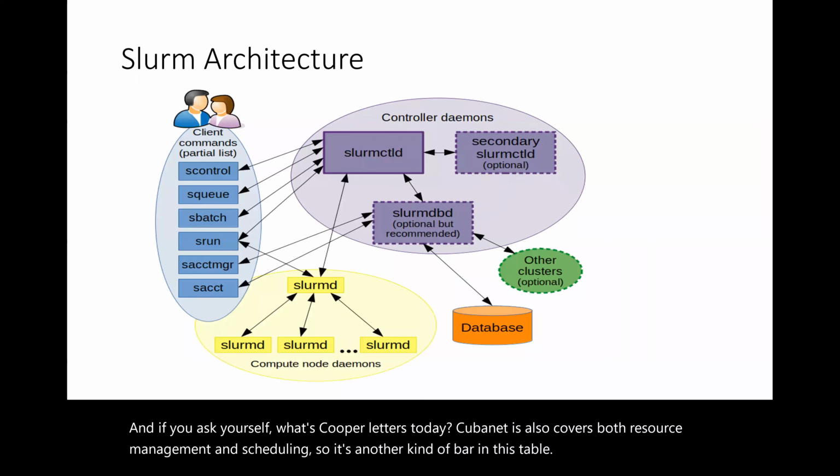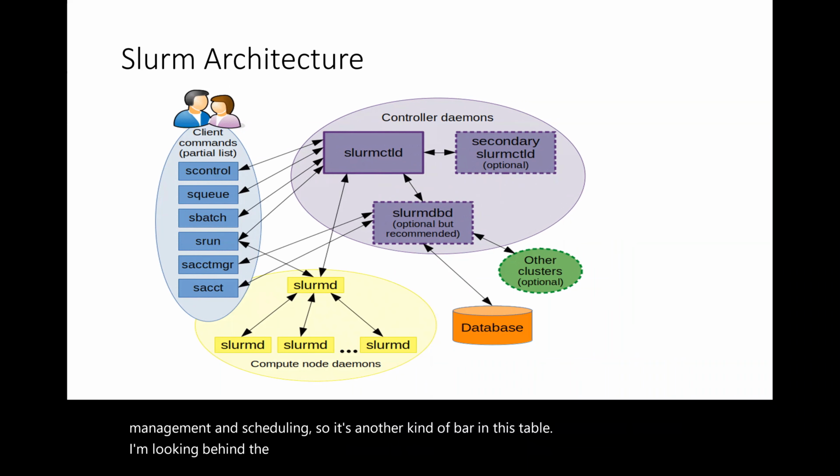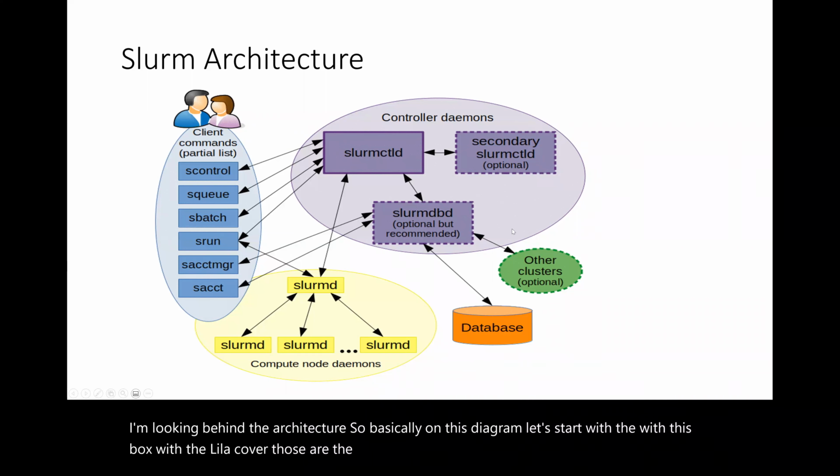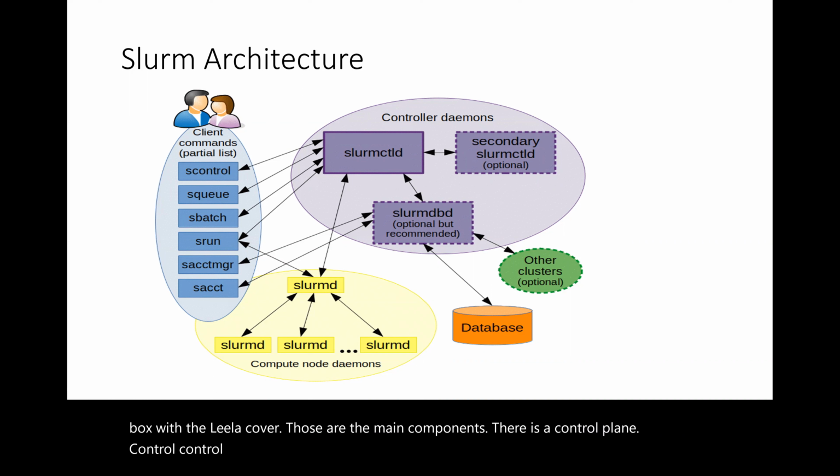Looking at the architecture on this diagram, let's start with the box with the lilac color. Those are the main components. There is a control plane, the Slurm control daemon, basically. It resembles a little bit the kubectl.